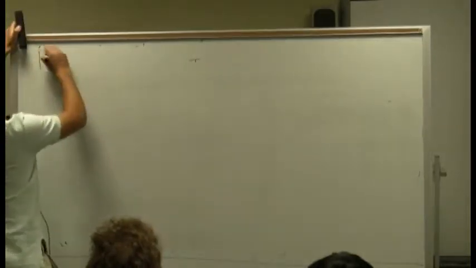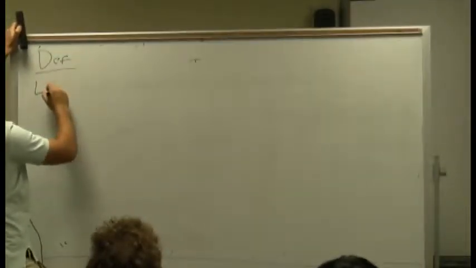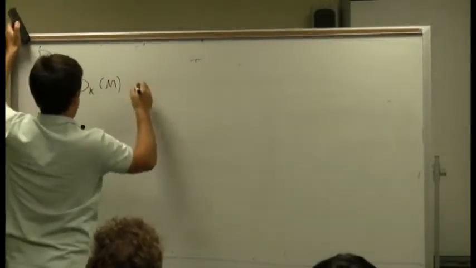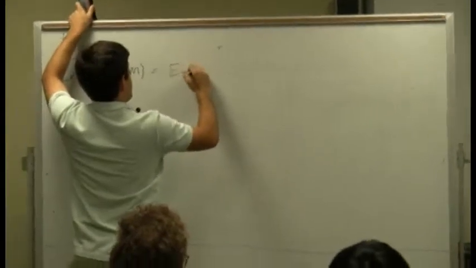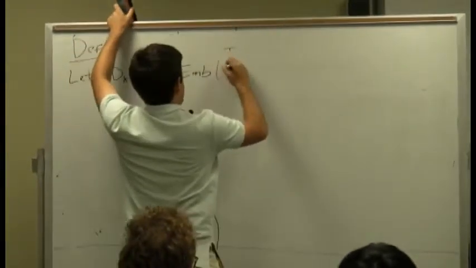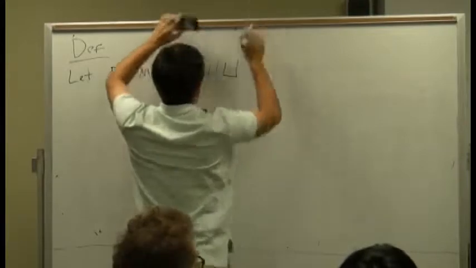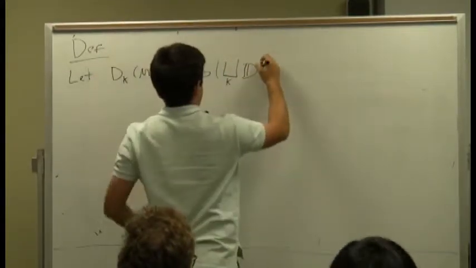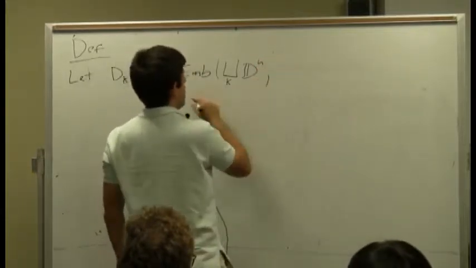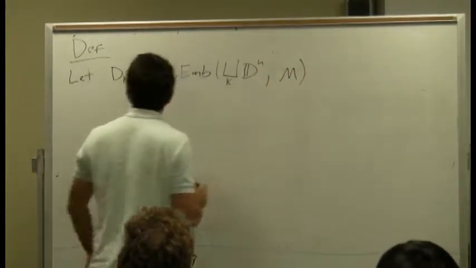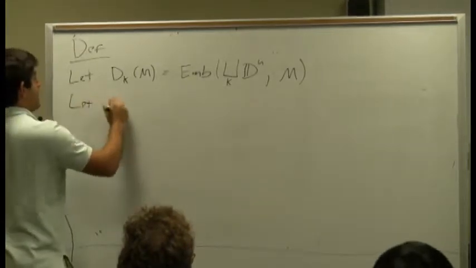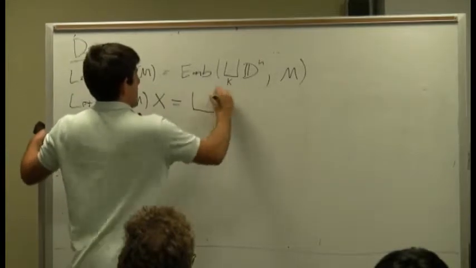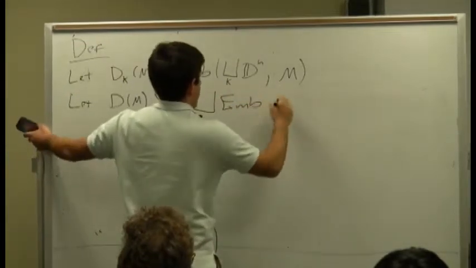So definition. Let D_k(M) be the space of embeddings of k n-disks into your manifold M, and let D(M; X), for a space X, be, let's write it out first.